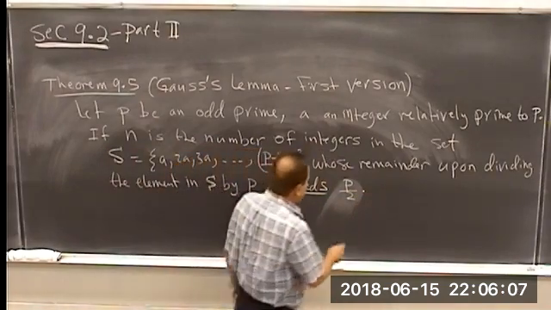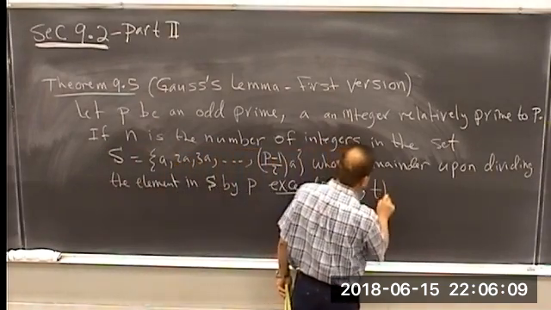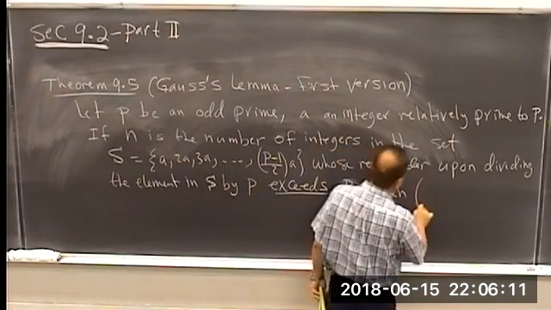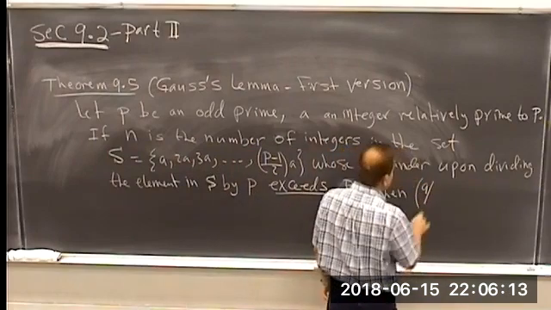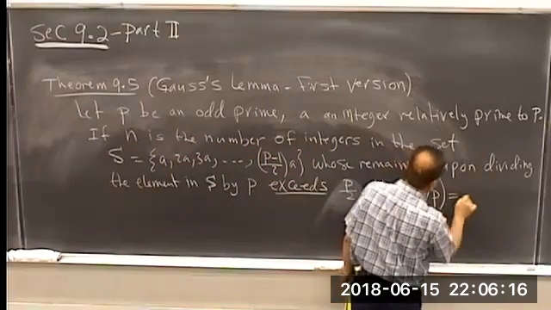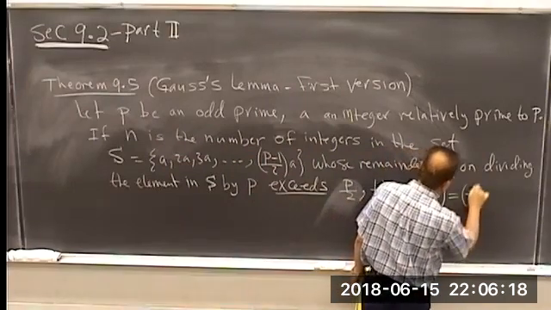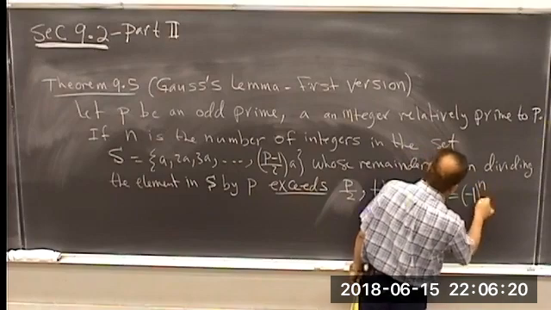So if this is the case, then the Legendre symbol is going to be given as (-1) to the n.